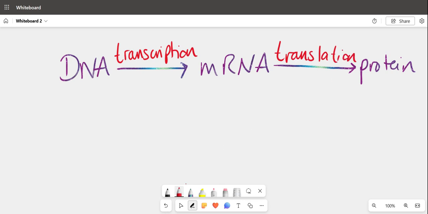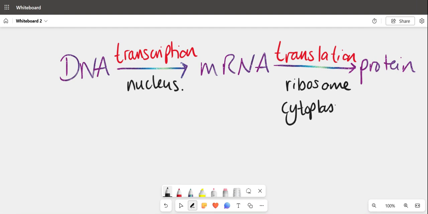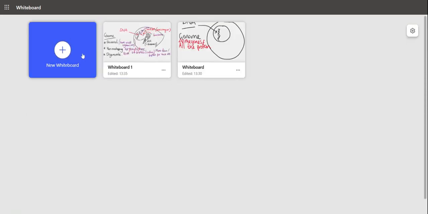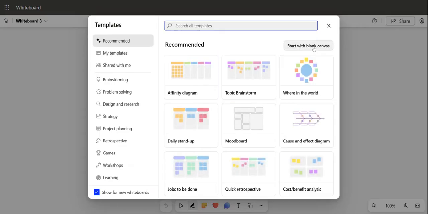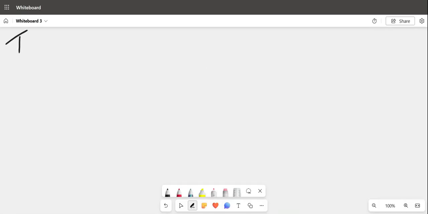Now, the processes happen, transcription in the nucleus and translation on a ribosome, which will be in the cytoplasm and maybe on the rough ER. Okay, so we're going to go through those two processes in turn. So let's start off with the process of transcription.